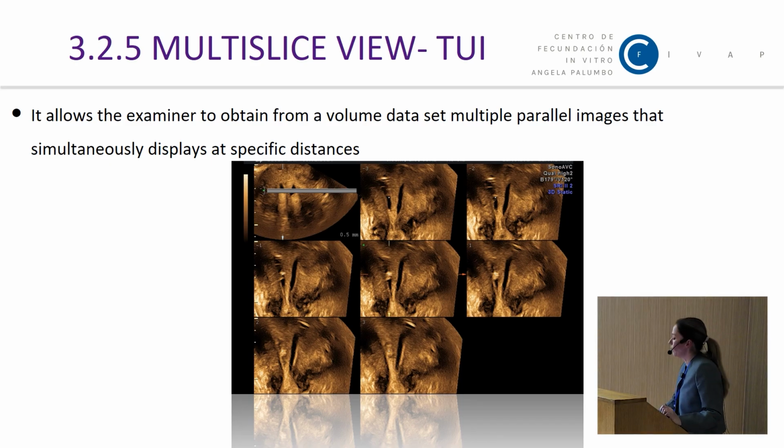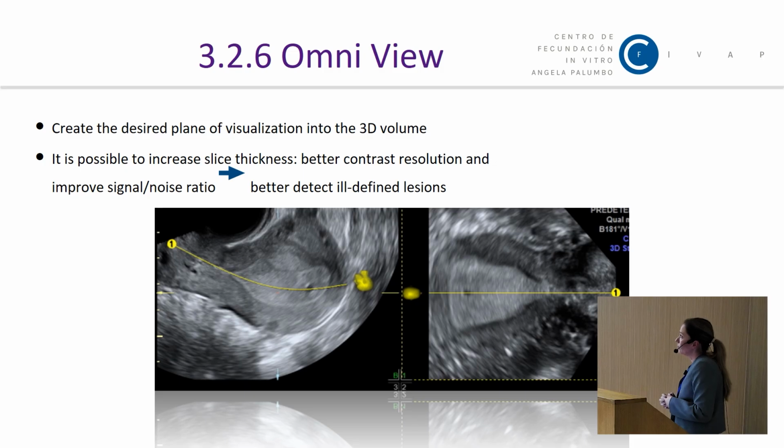In the multi-slice view, the data are represented as parallel slices, like the CT scan, for example. You can select the number of slices, you can select the distance between slices. This is the Omni view that we have seen.